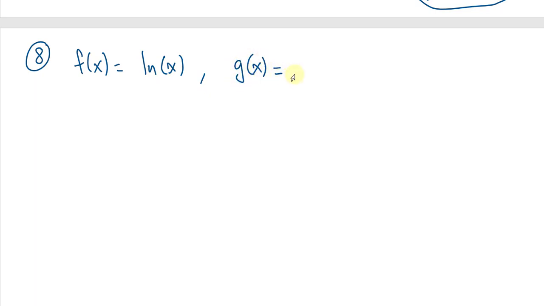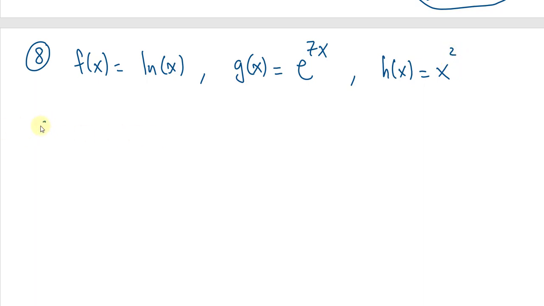Okay, the last question in this video, we are given a few functions here. So f of x equal ln of x, g of x equal e to the 7x, and h of x equal x squared.